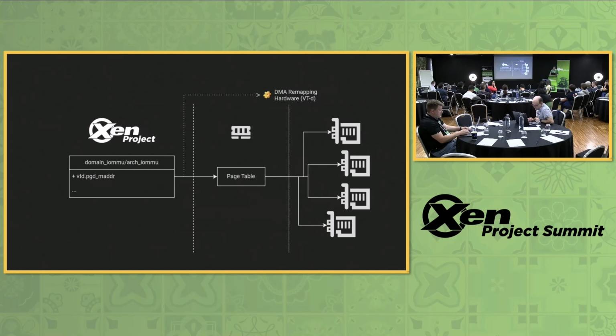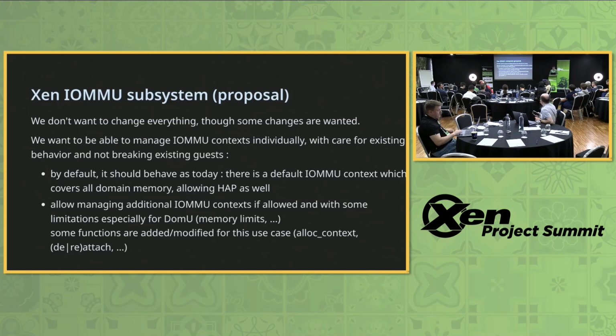So it's actually looking like this. To put it simply, this is the VTD case. We have some address to a page table, and this page table is applied to the VTD hardware and applies to the devices. So what I would propose is that obviously we're not going to change everything, but some stuff may need to change.